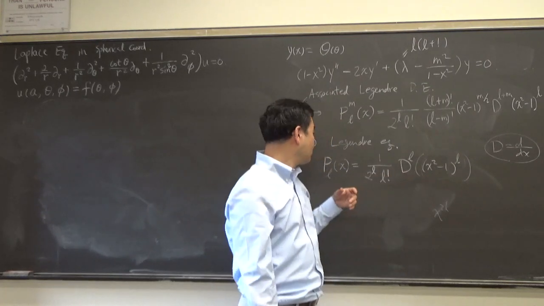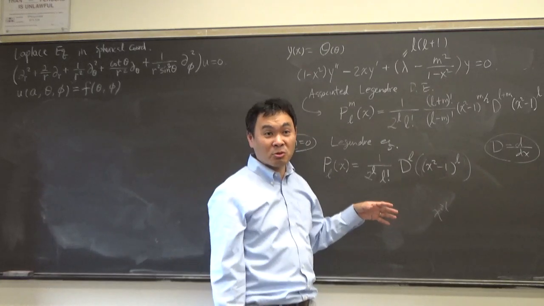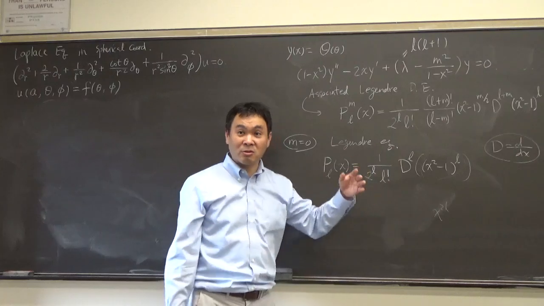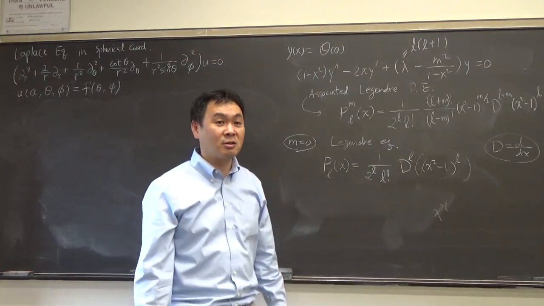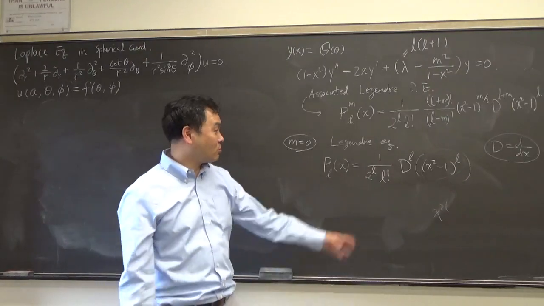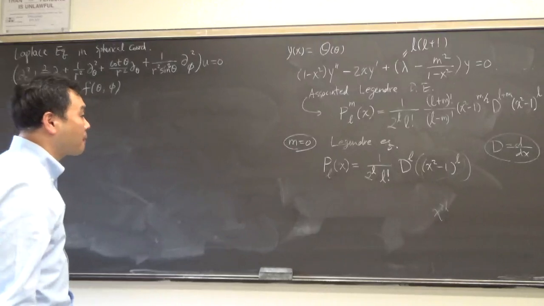So P3 would be a cubic polynomial, P4 will be a quartic polynomial, P5 would be 5th order, 6th order, and so on. You just have to use the chain rule to differentiate sufficiently many times.